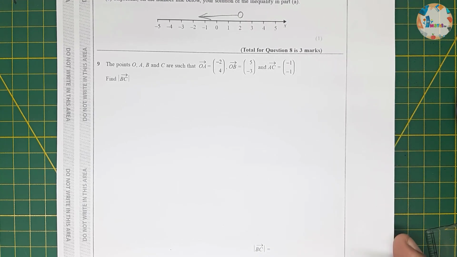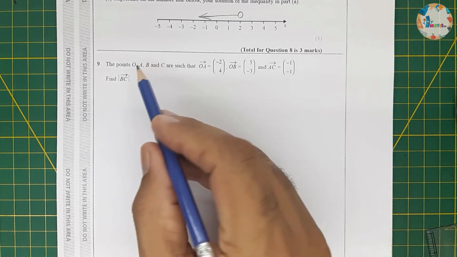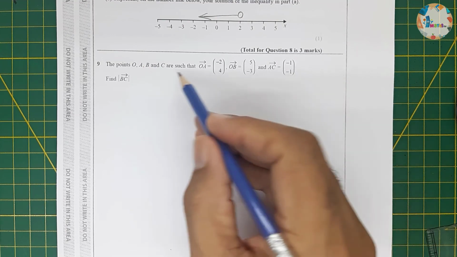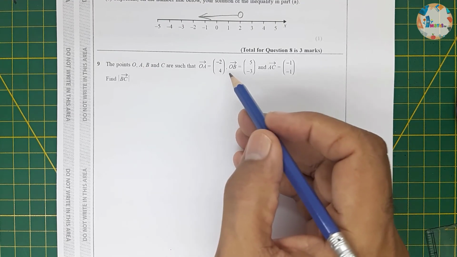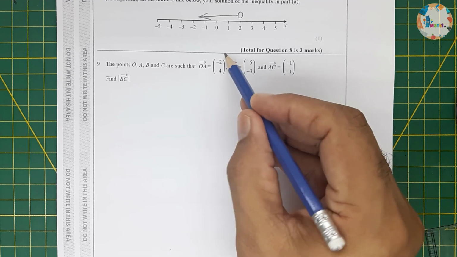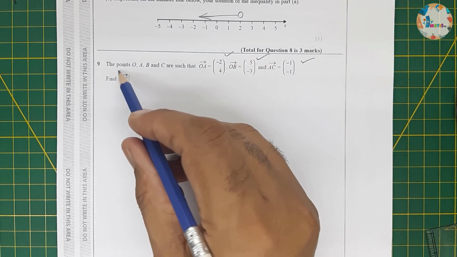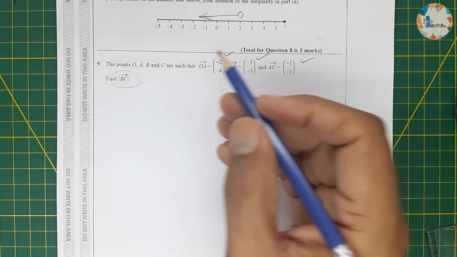Now question number 9. The points O, A, B and C are such that OA is provided, OB is given and AC is also given. We have to find the modulus of BC.